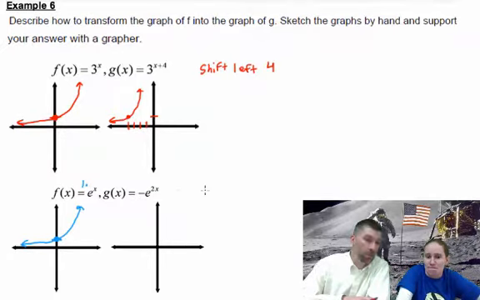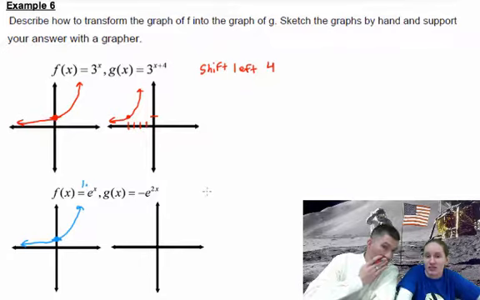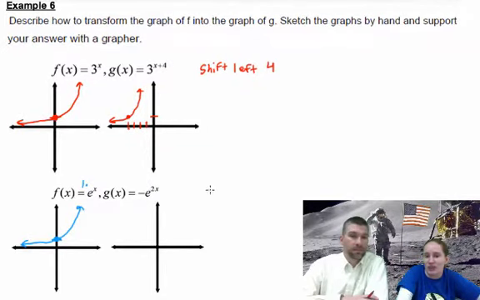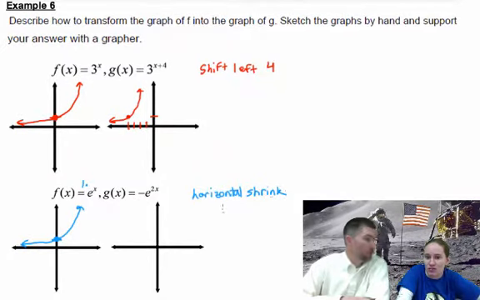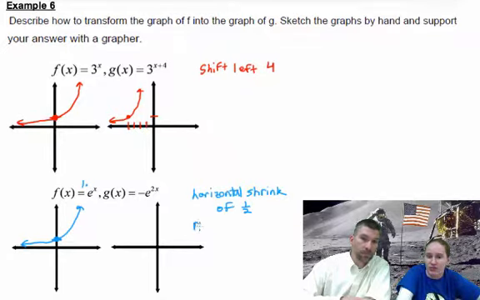Negative e to the 2x. Hey, there are 2 things in there. So what about inside of our exponent? What's that doing? That's going to give us not a stretch, but a horizontal shrink by a factor of 2, or 1/2. And the negative in front is a reflection.